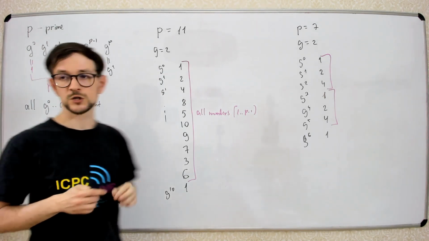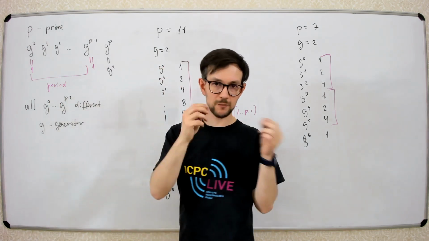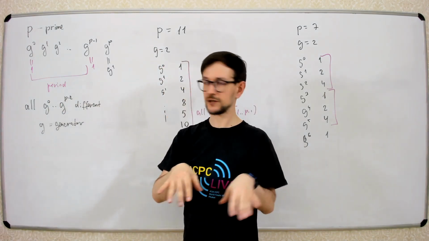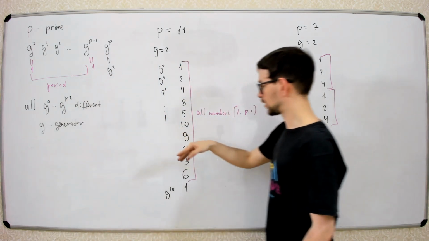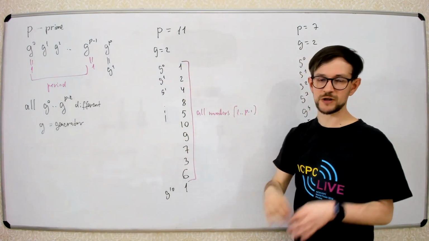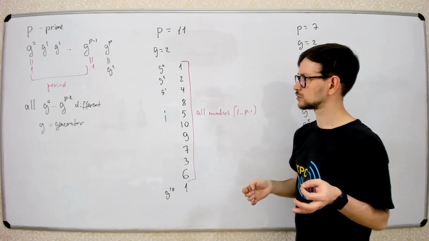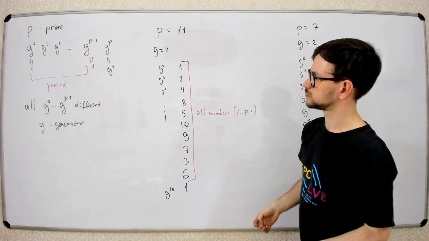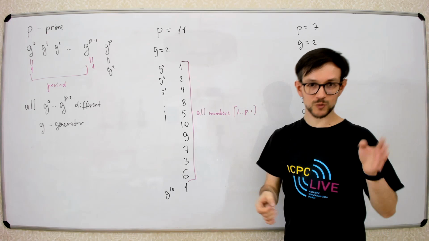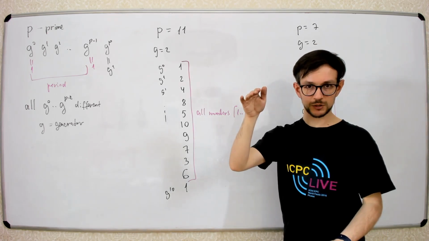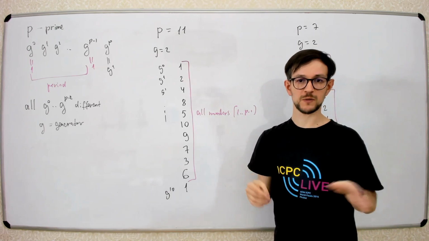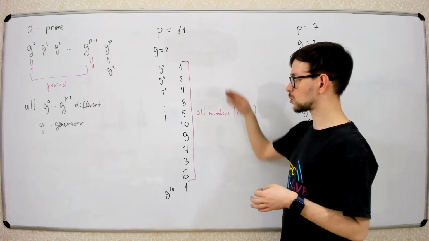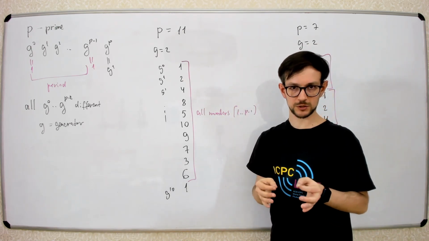We know that for any number g, even if it's not a generator, g in power p minus 1 will be equal to 1. So p minus 1 is actually a period of this sequence. If I pick any number g, not only a generator, p minus 1 will be a period of this sequence.